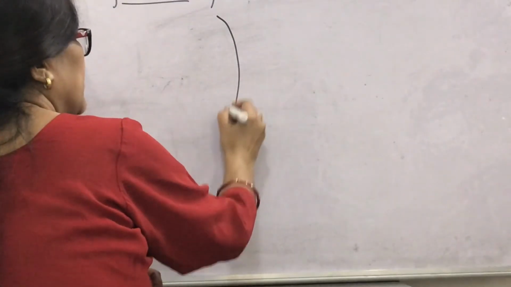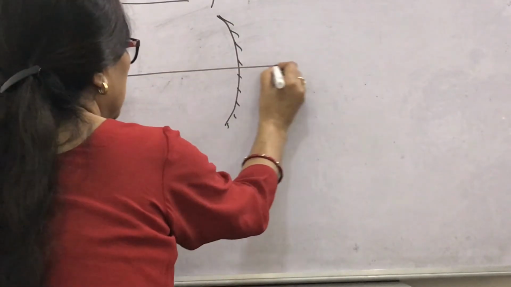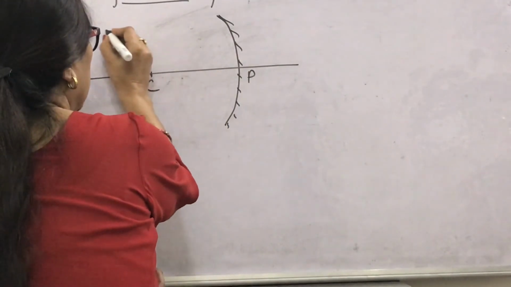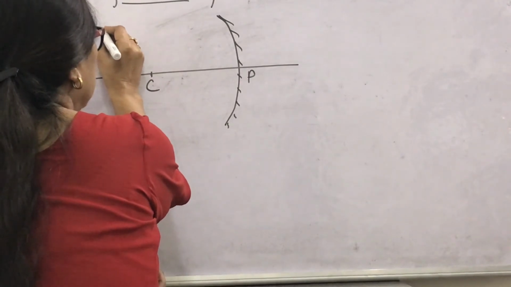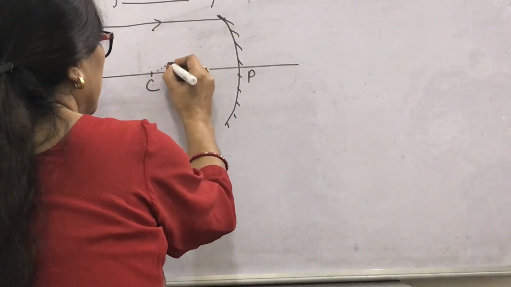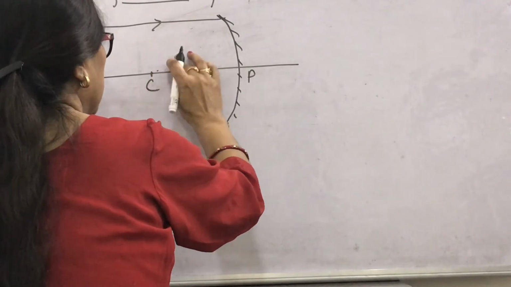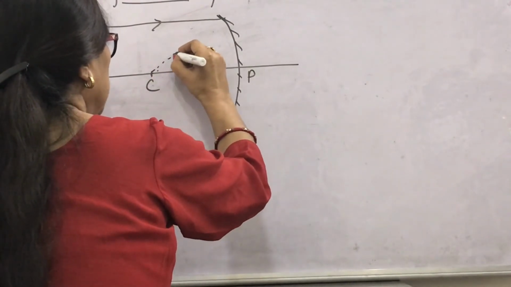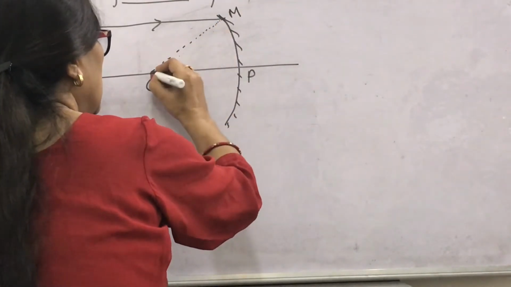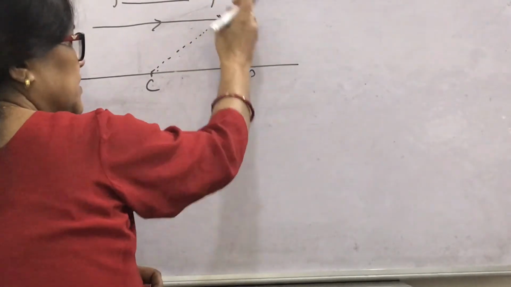Let's see, for convex mirror, if this is the principal axis, pole, this is C, and a ray which is parallel to the principal axis at this point, you join this point of incidence with the center of curvature. This line joining the point of incidence and center of curvature is also a radius of curvature, and it will be normal to the mirror.